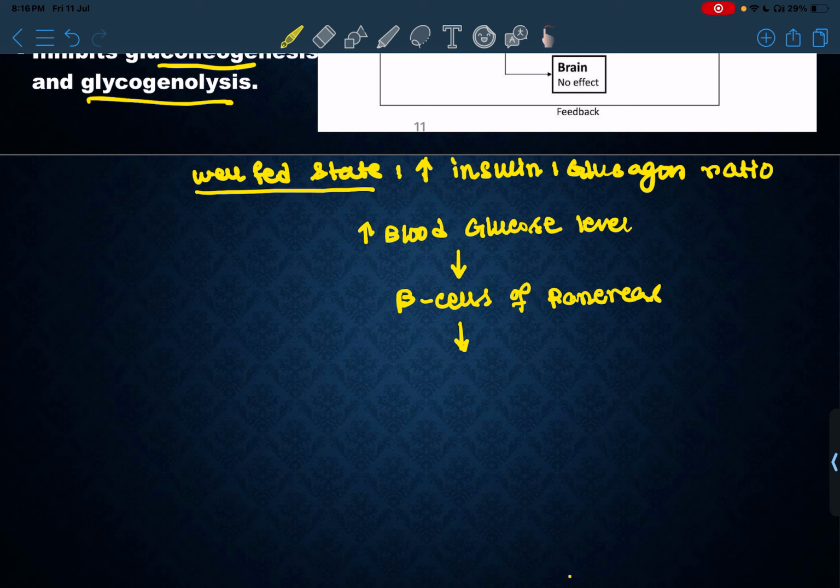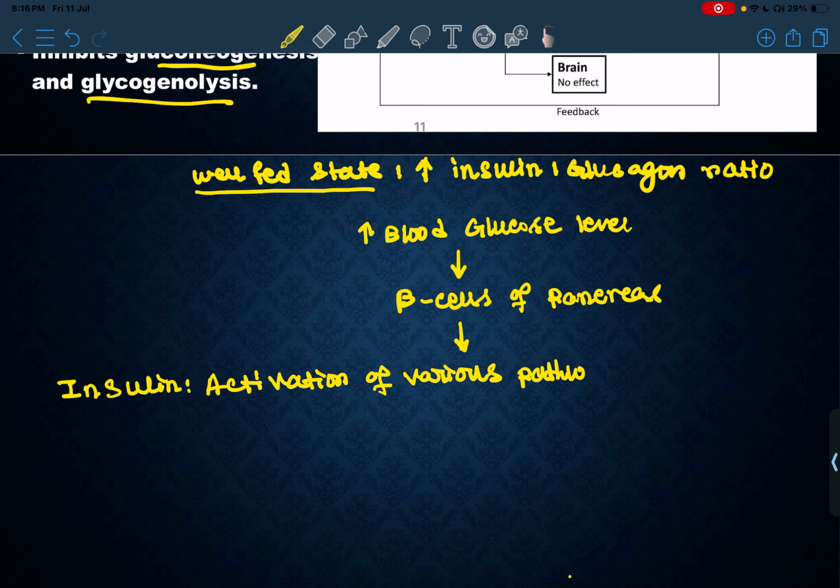That happens when the insulin glucagon ratio is high.